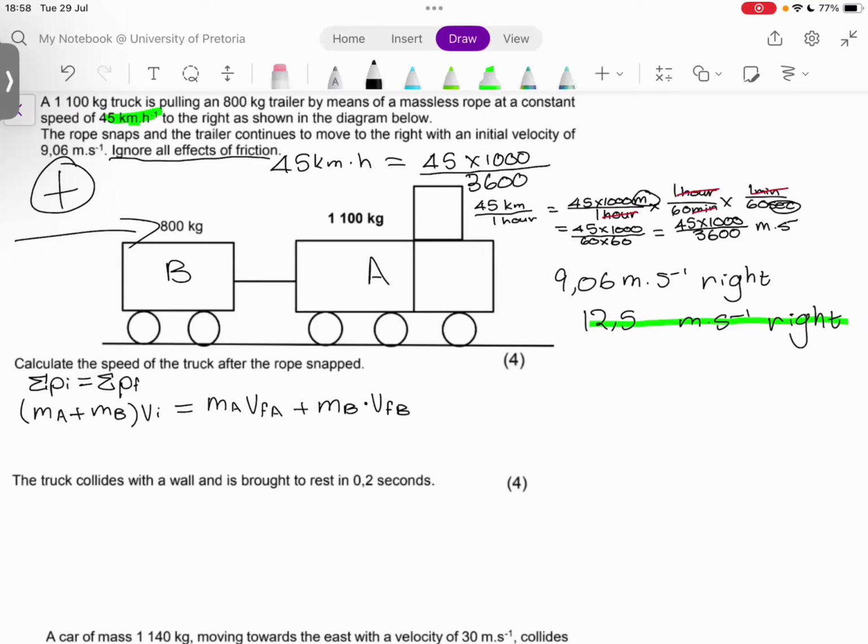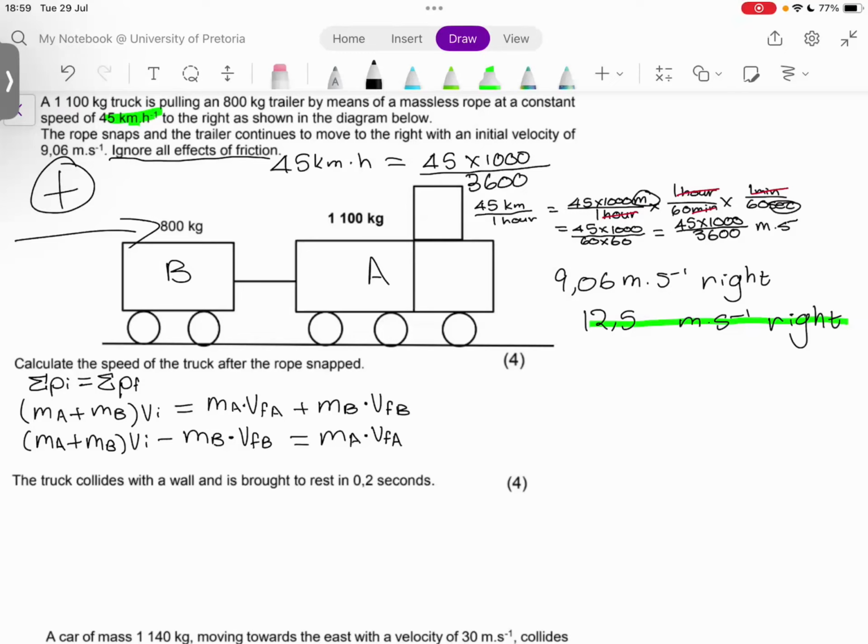So we just want to have VFA on its own. If we do so, we then end up with MA plus MB in brackets multiplied by VI minus the mass of B multiplied by the final velocity of B is equal to the mass of A multiplied by the final velocity of A.